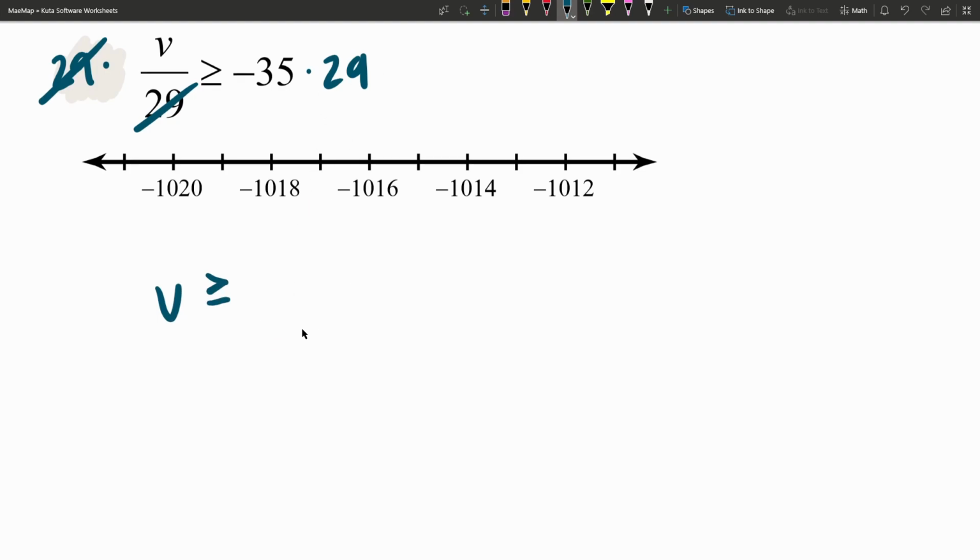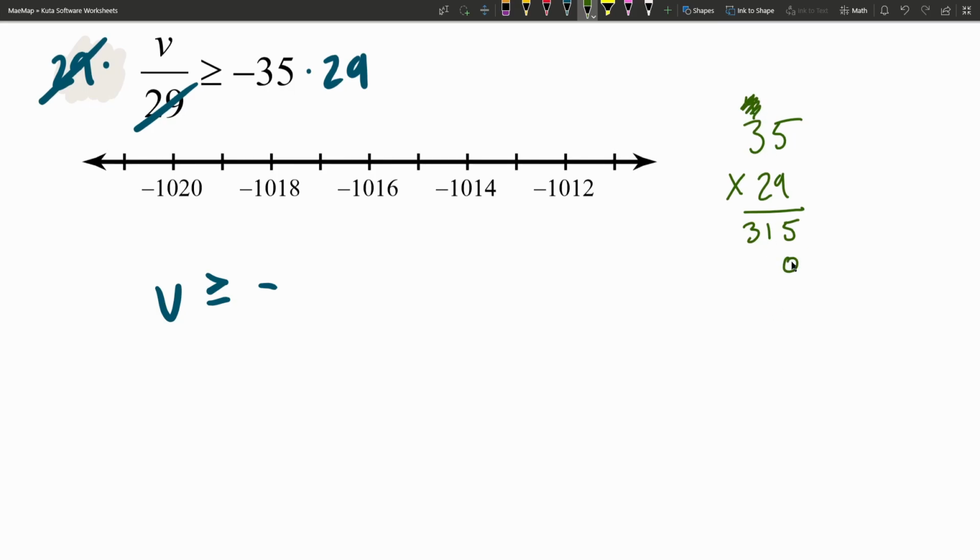times 29. I know that a negative times a positive is going to be a negative, so I'll write that now. Again, let's do this out vertically. 35 times 29. 5 times 9 is 45, so we'll write our 5 and carry our 4. 9 times 3 is 27, plus 4 is going to give us a 31.